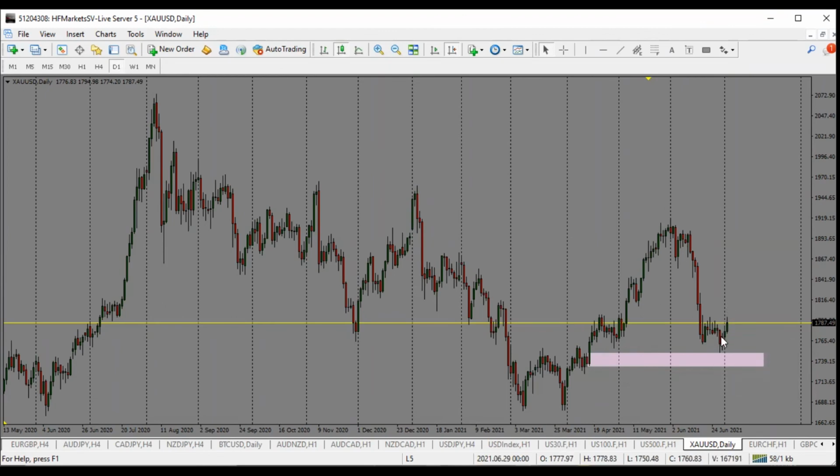We are anticipating for this to defend the price so that the price will be making a higher high. That is what we are having here. But I don't really trust this setup, at least for now. According to what I'm seeing, that is my anticipation, just my opinion. But I don't really trust it, unlike the other pairs.